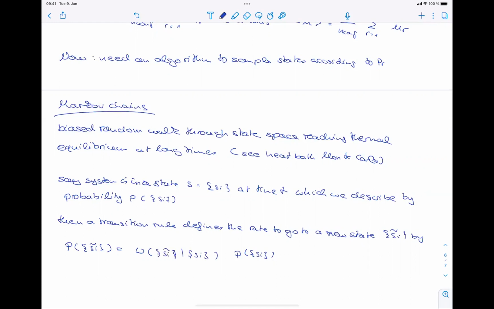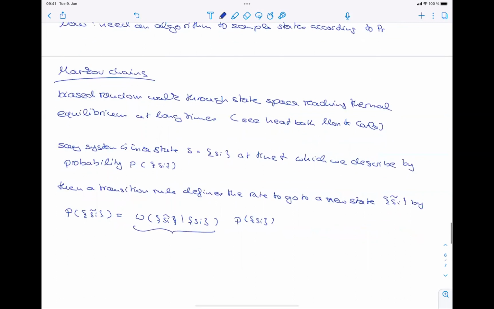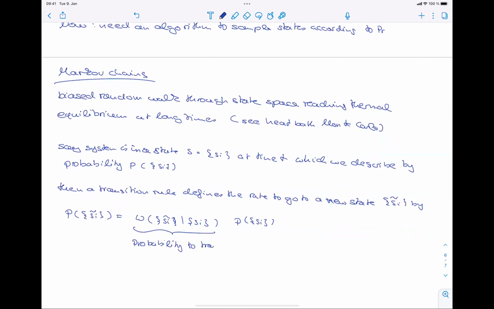This is just nomenclature. So here this W is now the probability to transition between states.